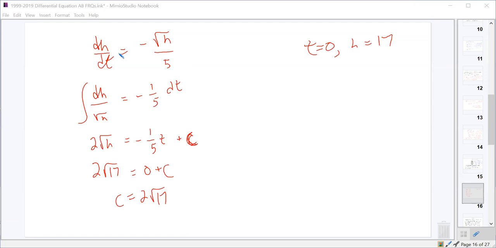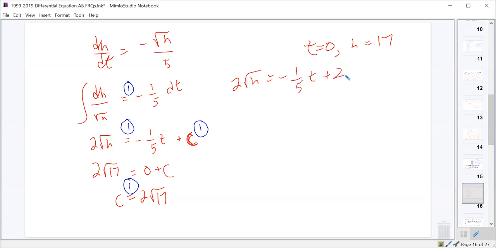And 1 point for separating the variables, 1 point for the integration, 1 point for the constant being there, and 1 point for using the initial condition to find it. And then we've got 2 root h equals negative 1/5 t plus 2 root 17.